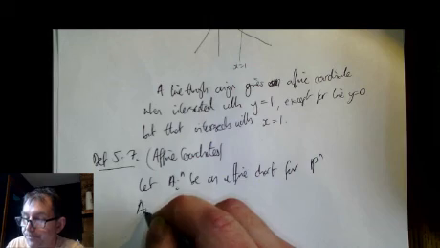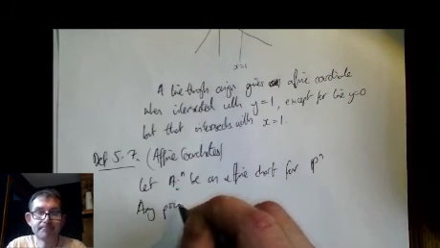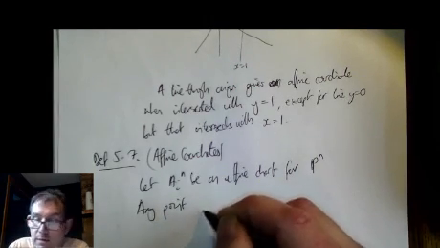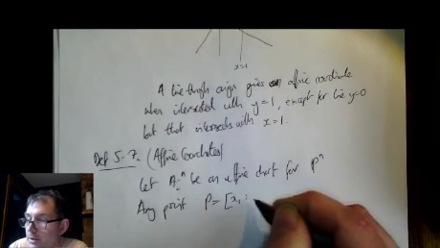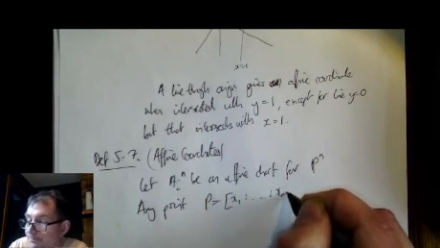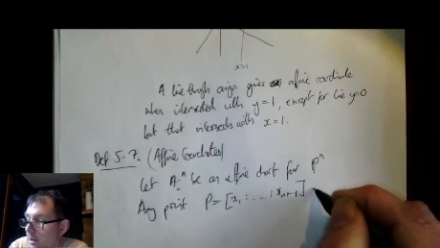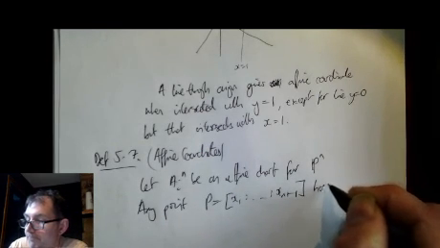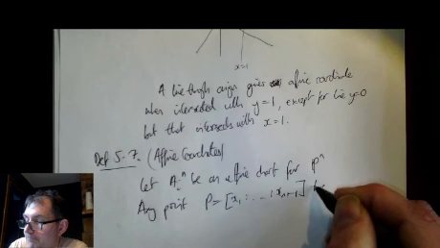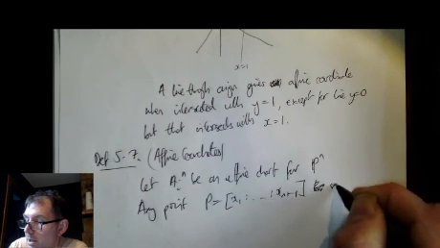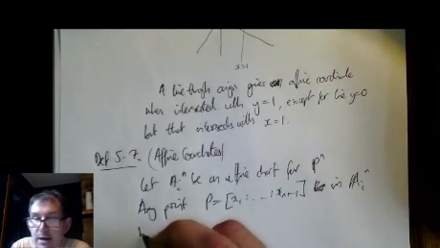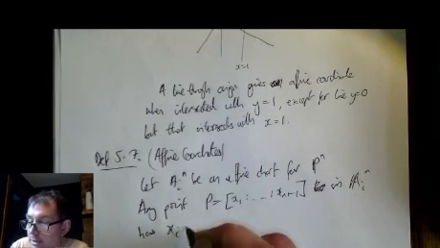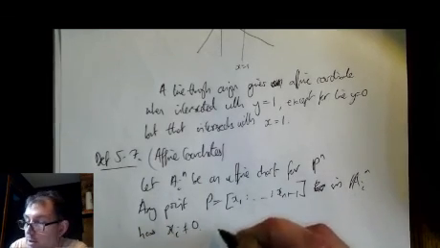Any point P, which has these homogeneous coordinates, in the affine chart A^n_i has xi not equal to 0.